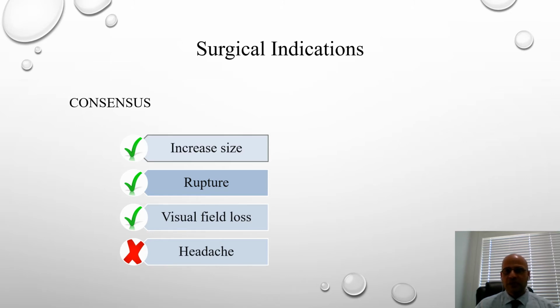So we don't take the patient to theater just because of headache when the cyst is of moderate size and it's been stable. You probably need to think of migraine or another reason, or at least try treatment for migraine first. In my experience, I haven't referred any patient with Rathke's cyst for decompression surgery because of headache alone. They need to have one of these other indications.